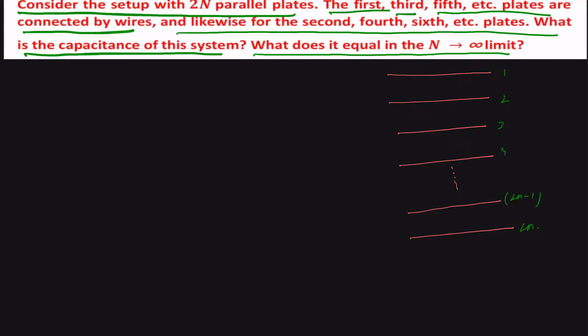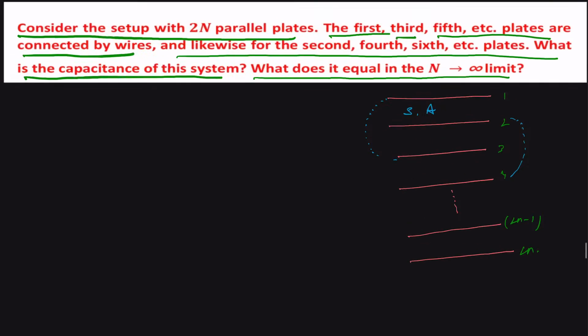The connection is already given to us, that is, the first and third are connected. So the first is connected with the third, and the second is connected with the fourth. So all the even ones are connected and all the odd ones are connected, and they are equally placed. So we can say that the spacing between them is s, and the area of the plates is A. We are mainly interested in how they are connected.